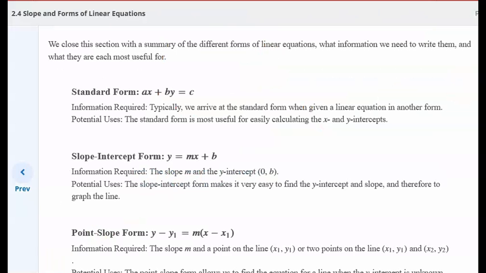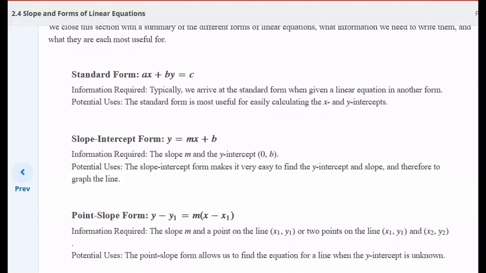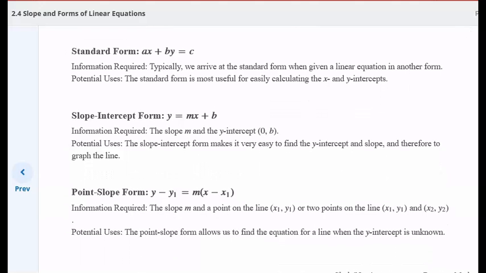So for our last slide, sort of a summary of what we've been doing. Standard form, we're calling this formula number 1. Again, doesn't hurt to write it again. Slope-intercept form, we are calling that form number 2.